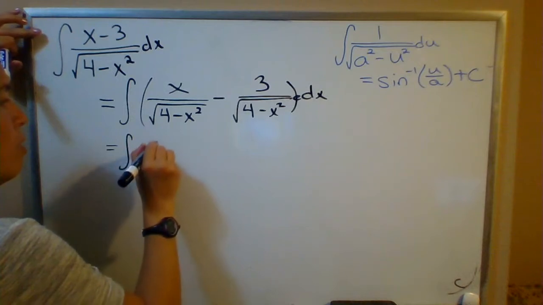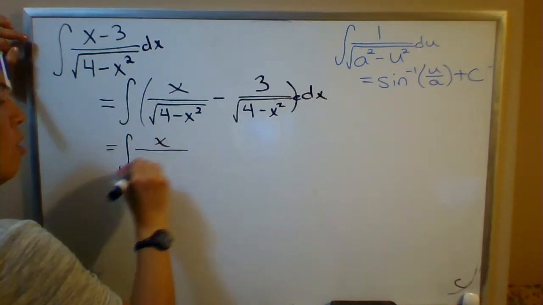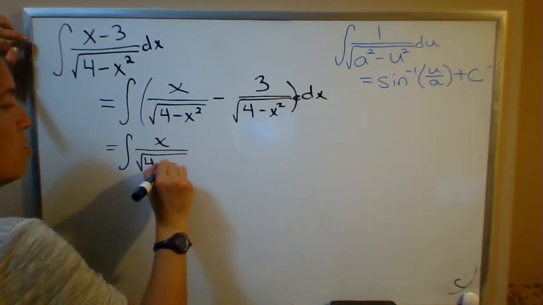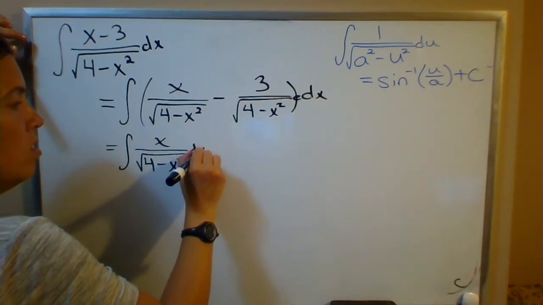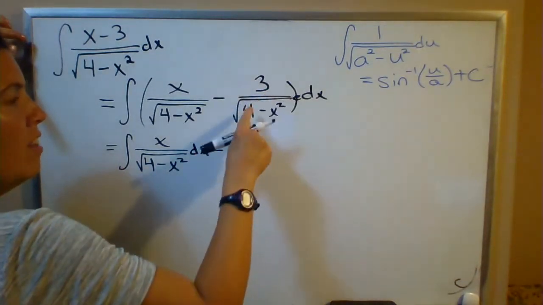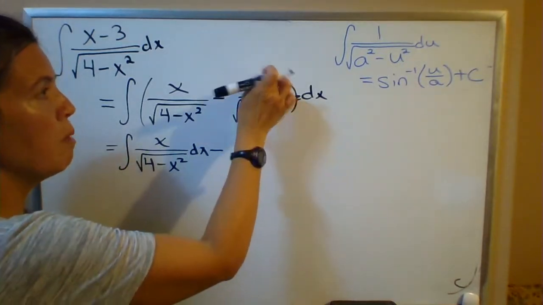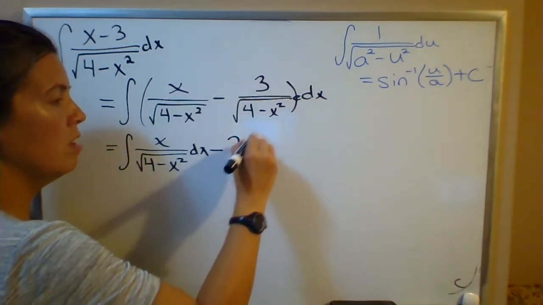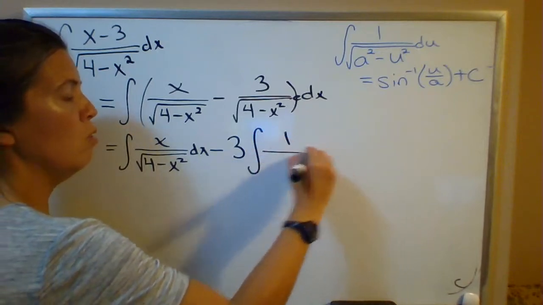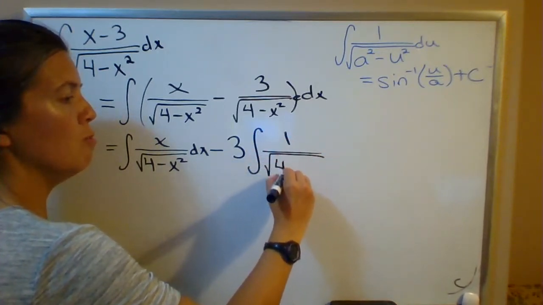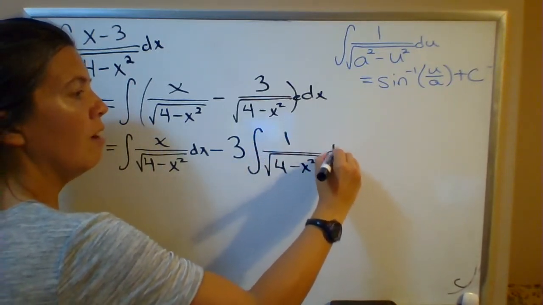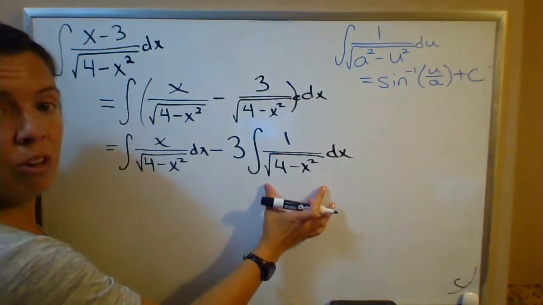So now we can evaluate the integral of x over the square root of 4 minus x squared on its own, dx, minus, and then if we make this its own integral, I can also bump the 3 in front: 3 times 1 over the square root of 4 minus x squared. Now this integral right here is ready to go.